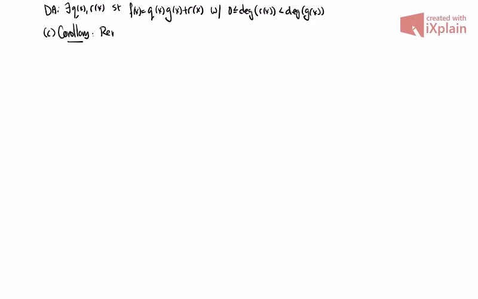This is sometimes called the remainder theorem. Most of these should be somewhat familiar from pre-calculus. So let F be a field. All of these basically are going to require a field because they're all relying on the division algorithm.